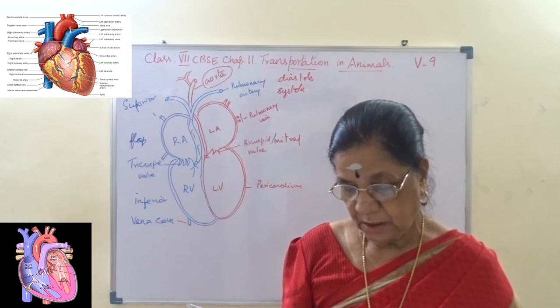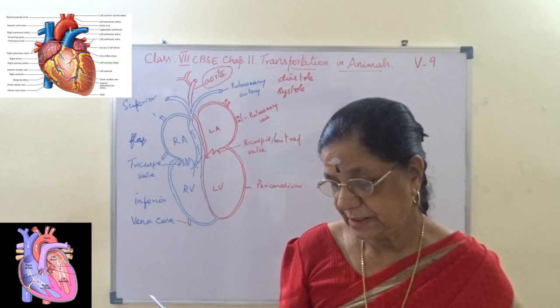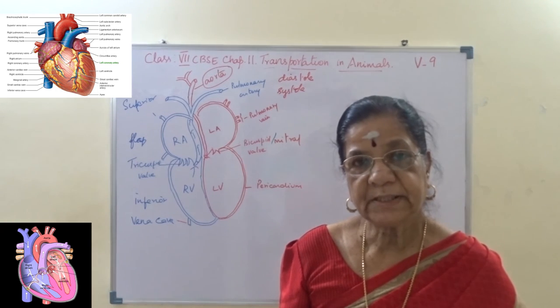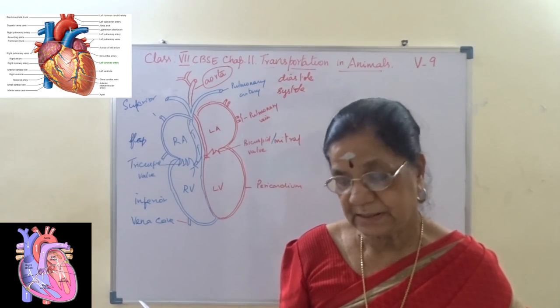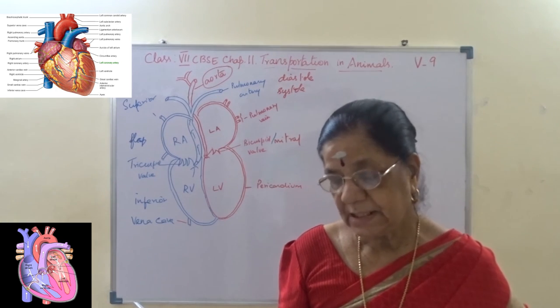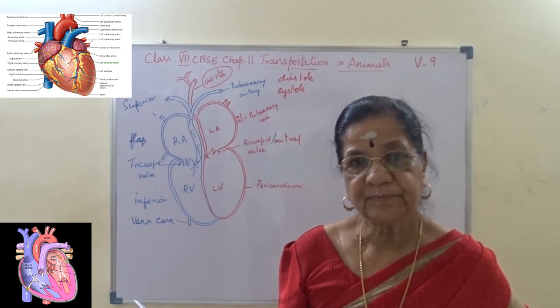So I repeat: the walls of the chambers of the heart are made up of cardiac muscles. These muscles contract and relax rhythmically. This rhythmic contraction followed by relaxation constitutes the heartbeat.